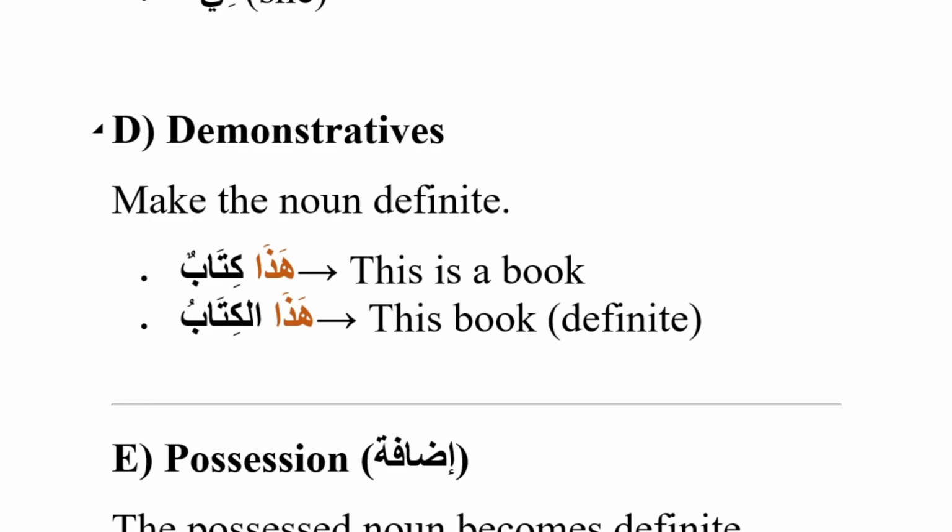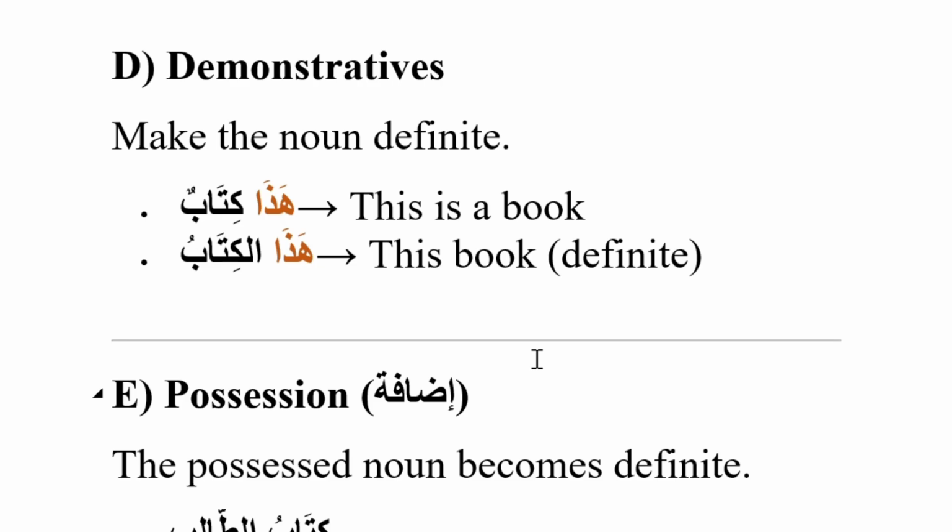When I say هذا or that, I'm talking about a specific object, so it's always معرفة. هذا كتاب, this is a book. هذا الكتاب, this is the book. You have two options. If I say هذا كتاب, this is a book. If I say هذا الكتاب, I'm saying this, the book.